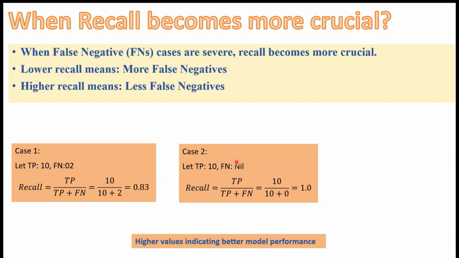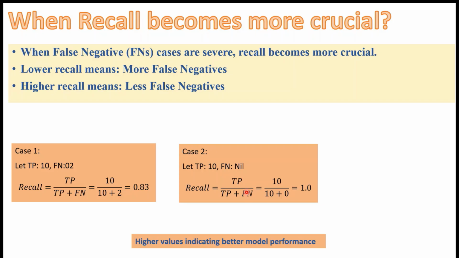And similarly, in the second case, when we assume that false negative cases are 0, and we apply this in the mathematical definition, you get recall as 1.0, meaning 100%.